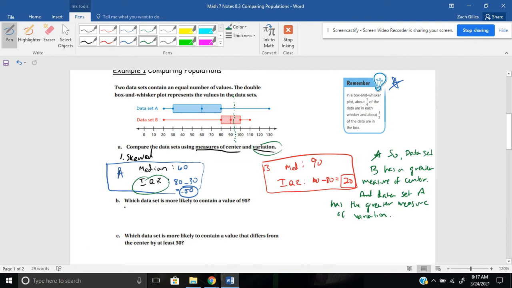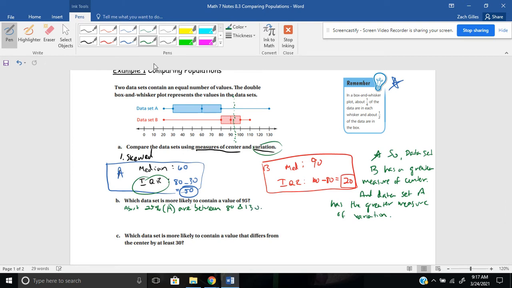So about 25% of the data values in A are between, let's see what this whisker is, it's between 80 and 130.